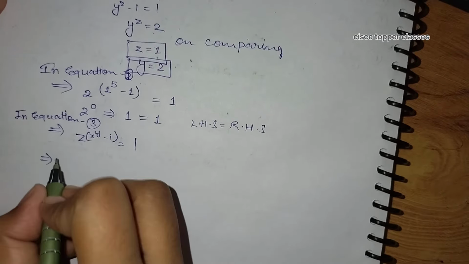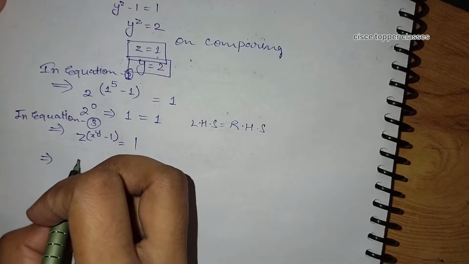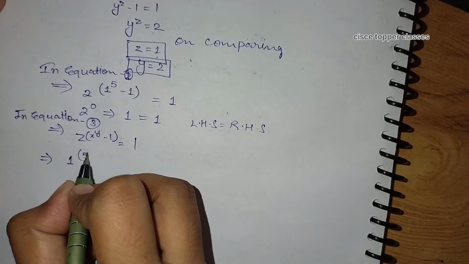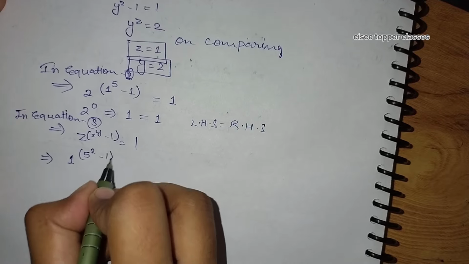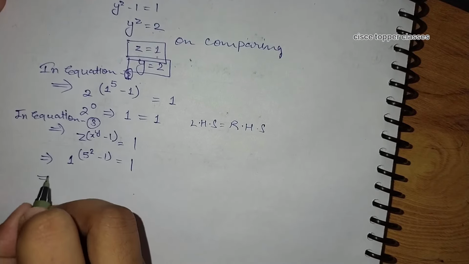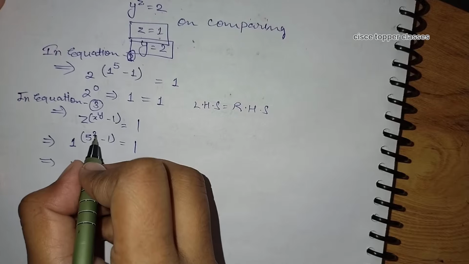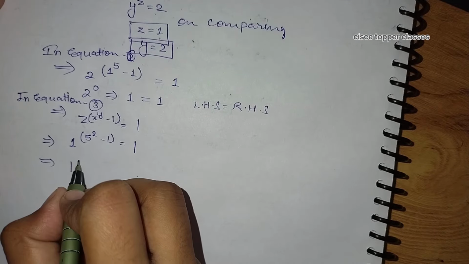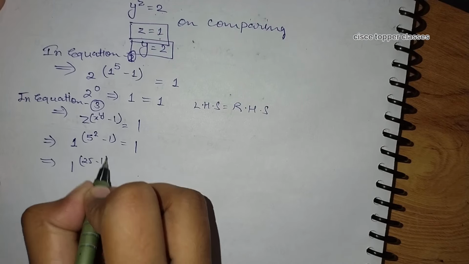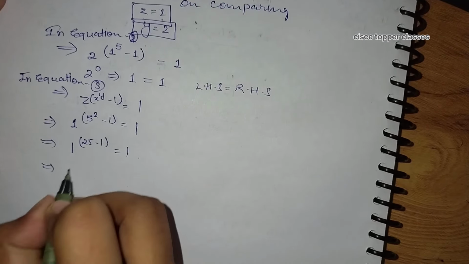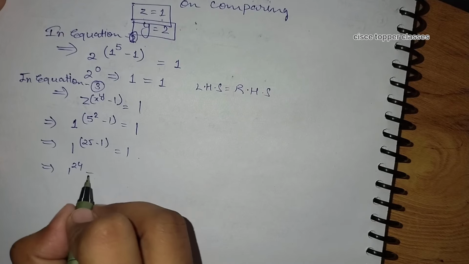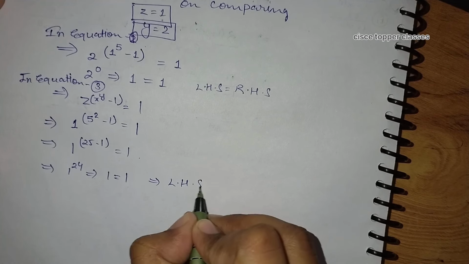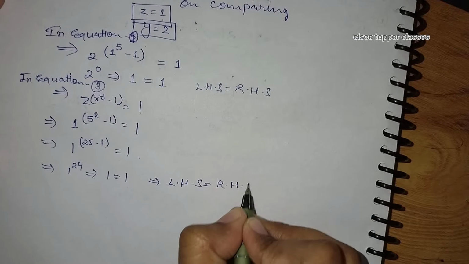If we put the values here, z we are taking 1, and 1 to the power x, with x being 5, and x^y becomes 5^2, which is 25, minus 1. From that we can write 1 to the power anything will be 1 only. Hence LHS is equal to RHS, verified in this equation also.